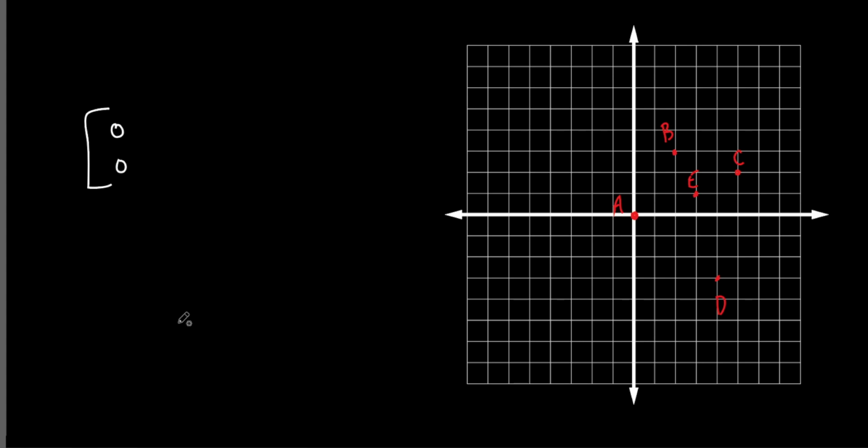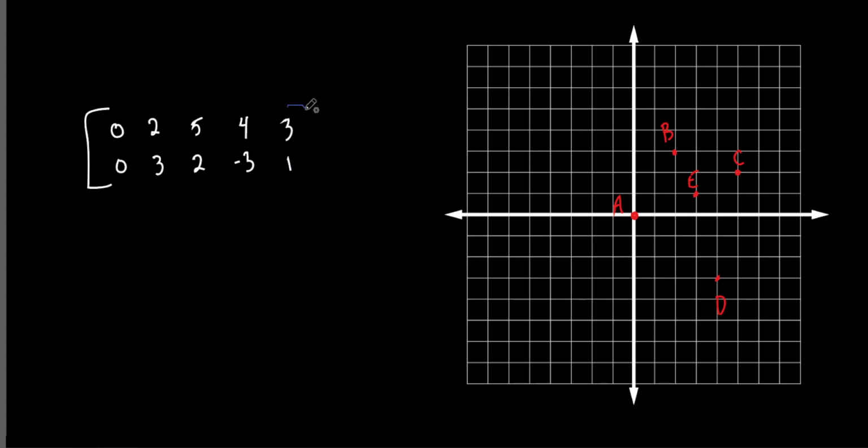Does that make sense? Okay, point B, where's point B? 2 what? 3. So this is going to be a 2 and a 3. Getting the idea? C is what? 5, 2. D is 4, -3. And then E is 3, 1.